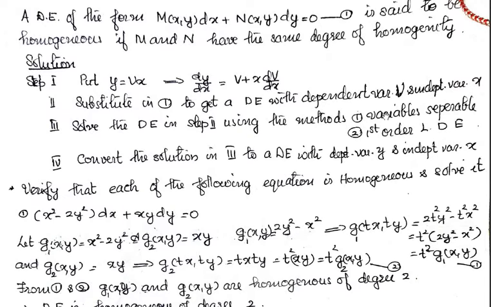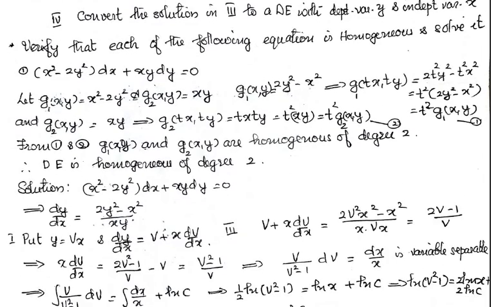For these two methods, please watch my previous videos, and then you will get a solution in v and x. Now our question is in x comma y, M of x comma y and N of x comma y. So we have to convert the solution obtained in step 3 to a solution with the dependent variable y and the independent variable x.